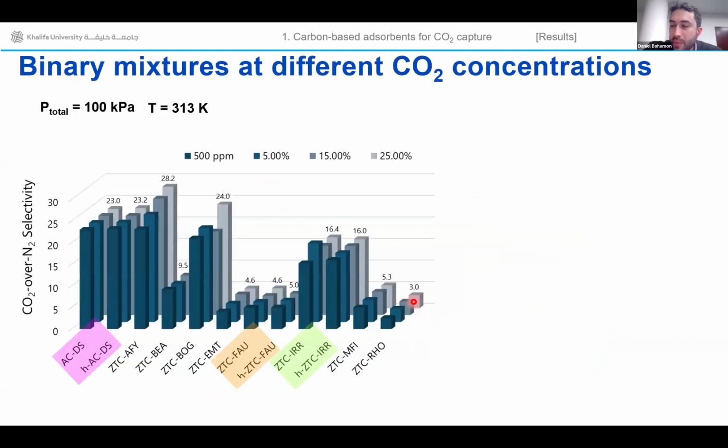Now, all the information I showed before was based on pure components. Now, what is the influence when you have binary mixtures?